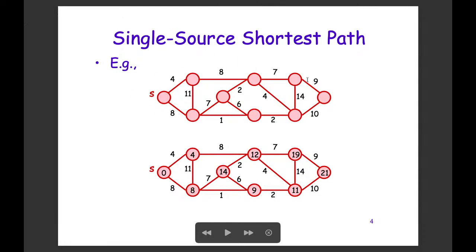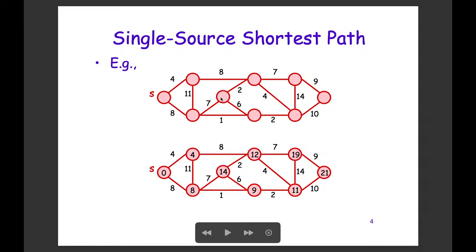For instance, let's say this is the source S. This graph is something that you have seen just now, but we are not solving the minimum spanning tree. What we want to find out here is that for each vertex, if I want to travel from S to that vertex, what is the minimum length path that I need. So for instance, this vertex is 4. For this vertex, we can travel from this one to this one to this one with length 12.